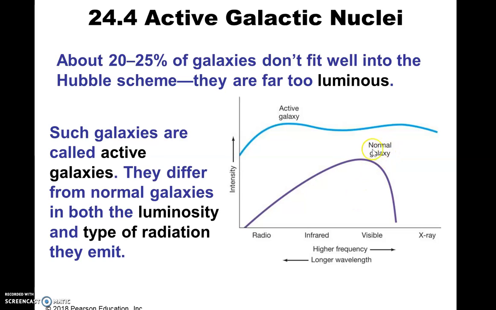Most galaxies are normal, but these active galaxies, we find some. There's in fact a whole zoo of active galaxies, and you could spend your entire life studying them. But what we generally do is narrow it down to three basic types.